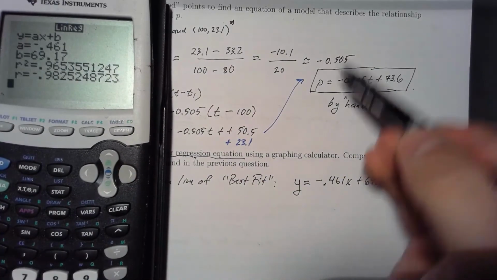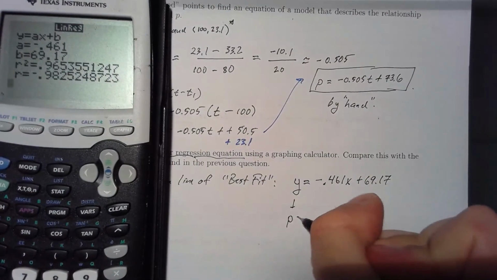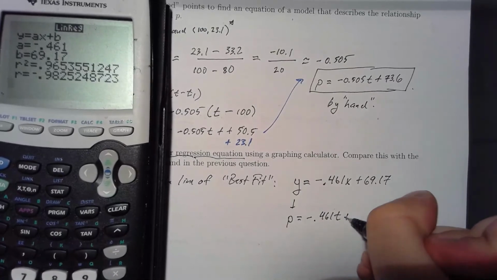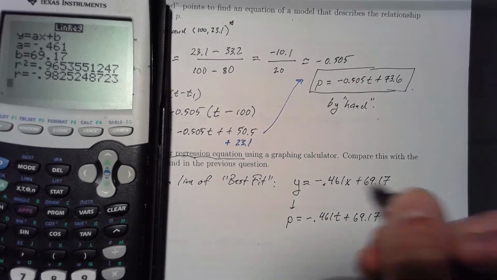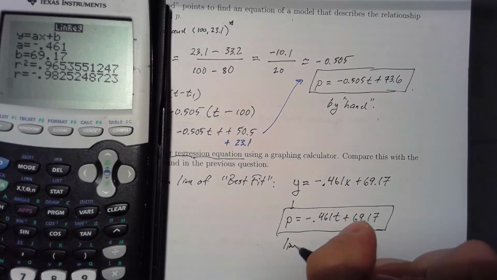But if I want to actually use the variables p and t, I could do that. So that's actually going to be p equals negative 0.461 t plus 69.17. That is the line of best fit.